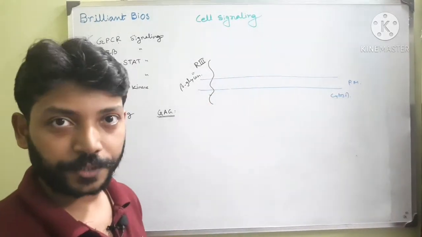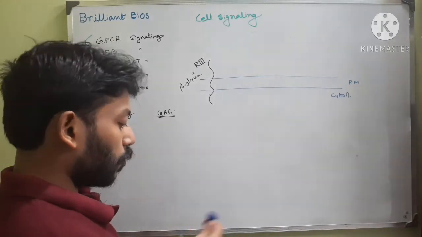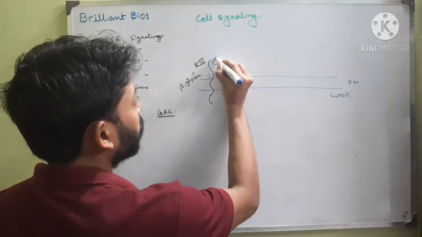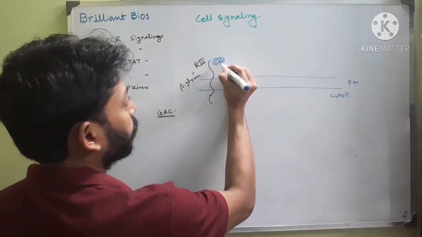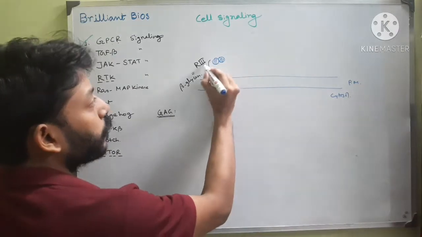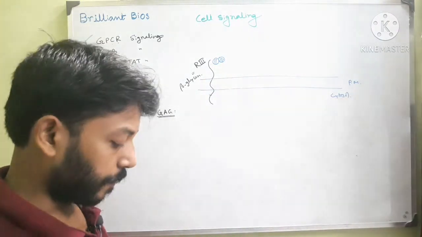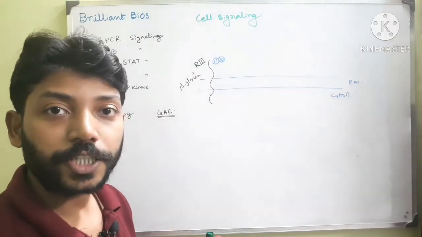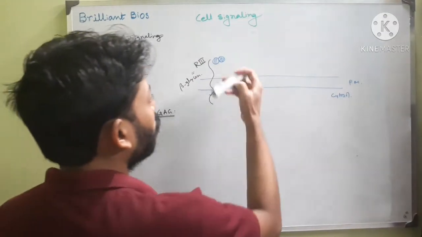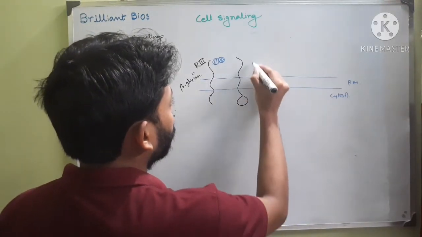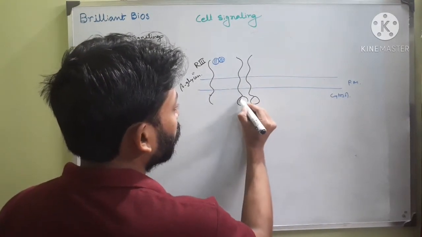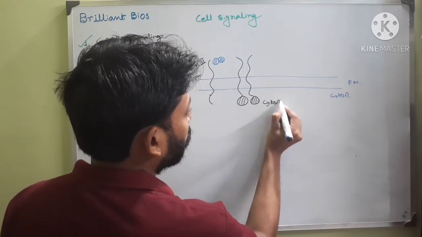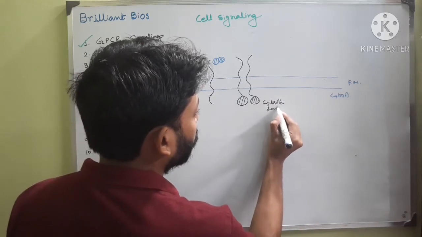What happens? Let's suppose this is a TGF beta homodimer or heterodimer, whatever. It binds with this R3 receptor. Then this R3 concentrates this TGF beta, and R2 is another receptor, and I am showing this structure as a cytosolic domain of the receptor.